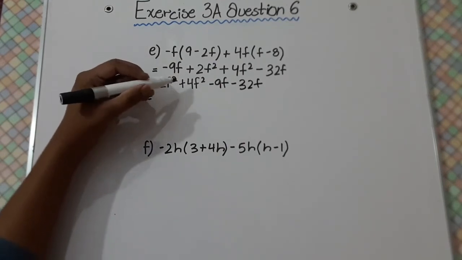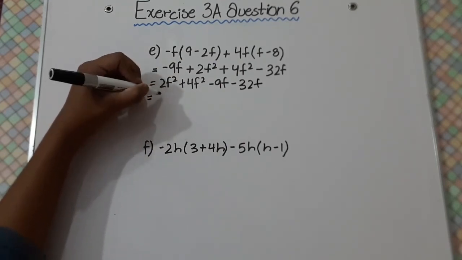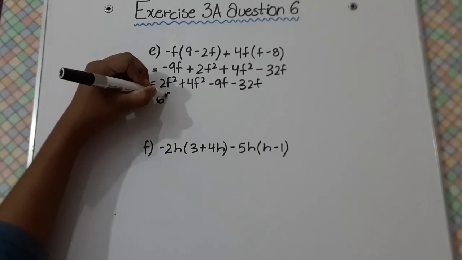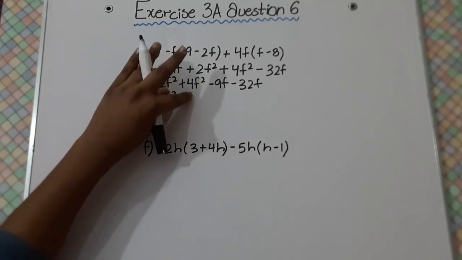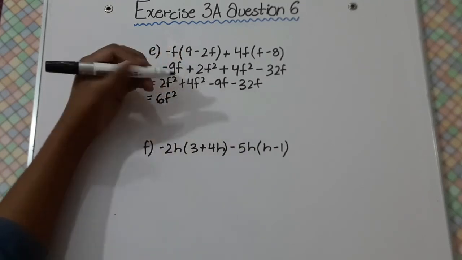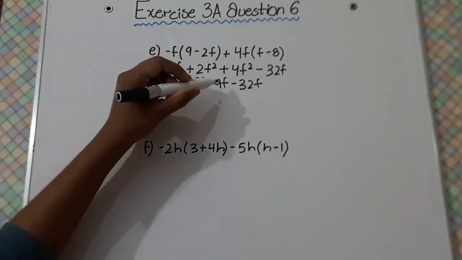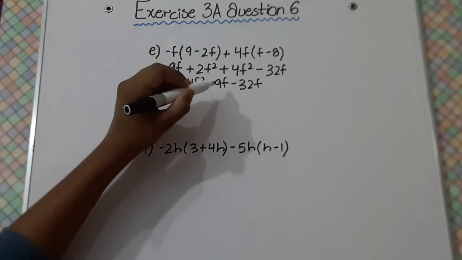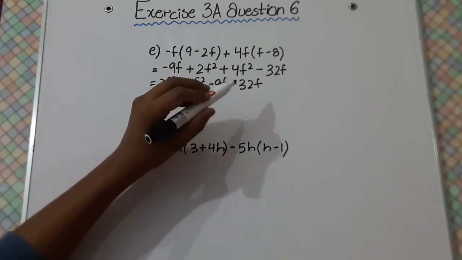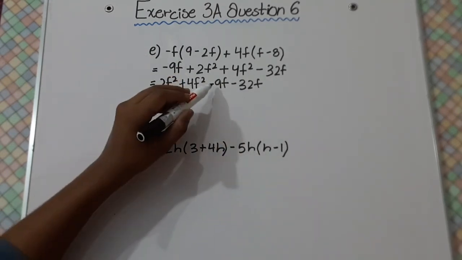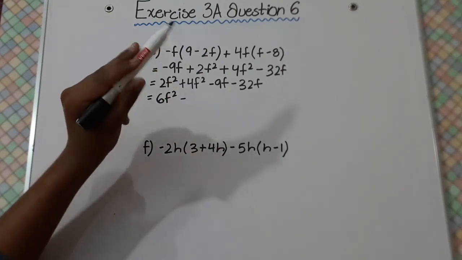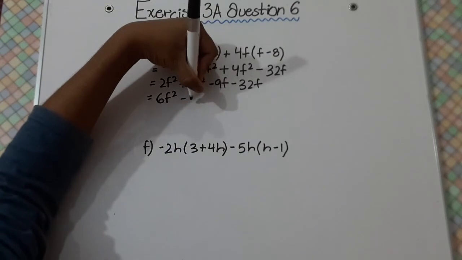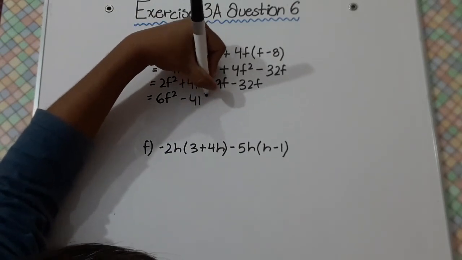Now 2f square plus 4f square would be 6f square. Then minus 9f minus 32f. 9 plus 32 is 41 and the sign would be minus, so minus 41f.